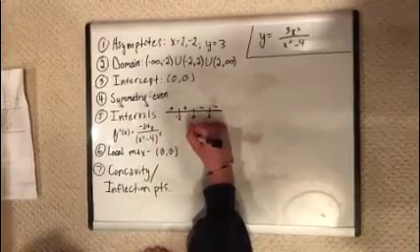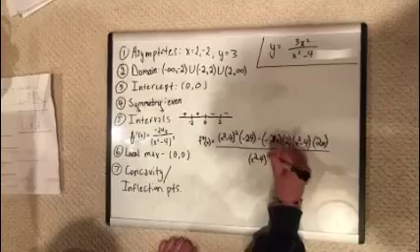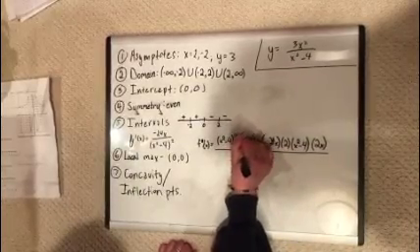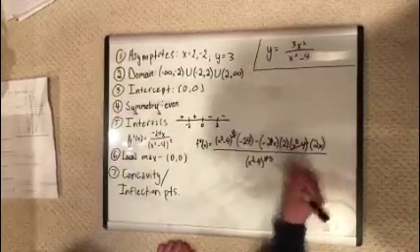So for the concavity, we're going to find the second derivative. So then we can cross out 1 here, this one, and make this 3.